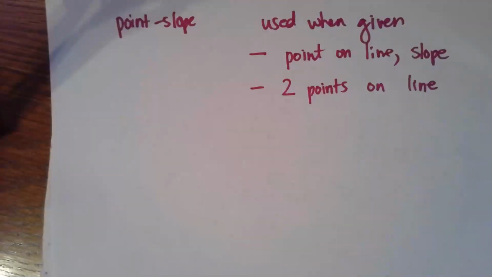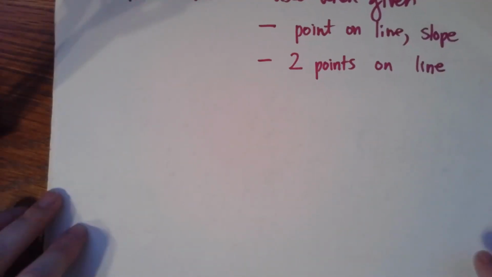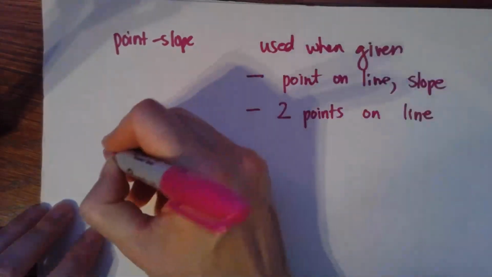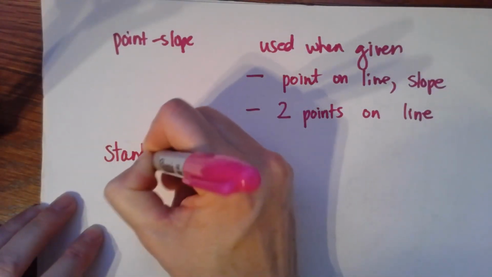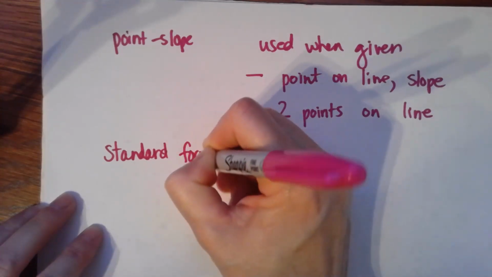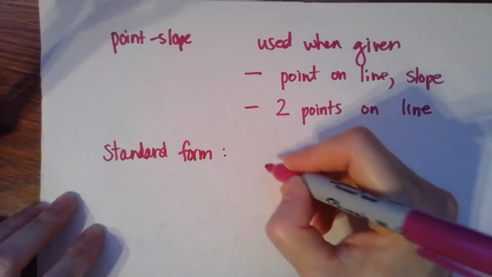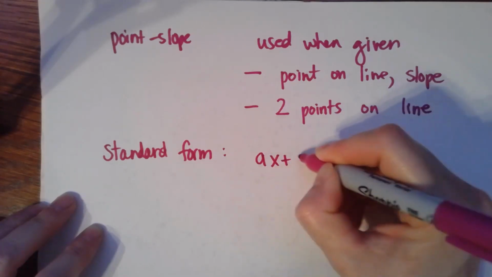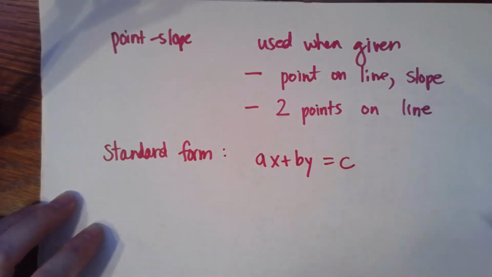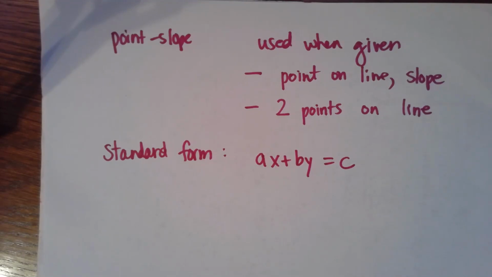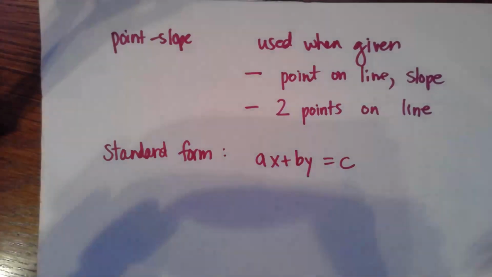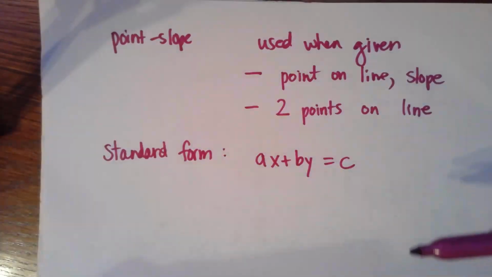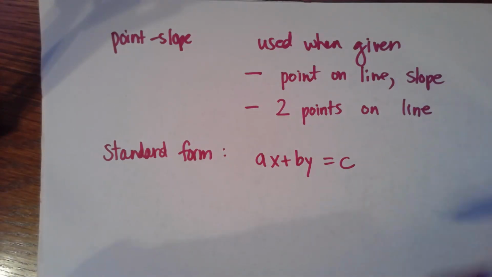Okay. And probably we should review the last form of a line, which is standard form. Okay, and that looks like ax plus by equals c. That is often useful when we're given a word description, which usually comes up when we're given a real world description of a problem.